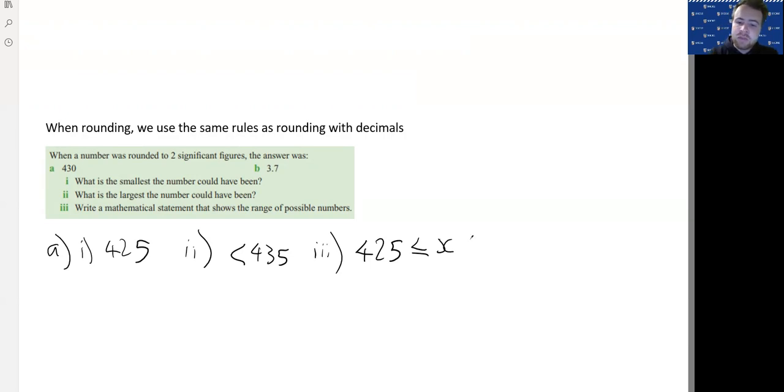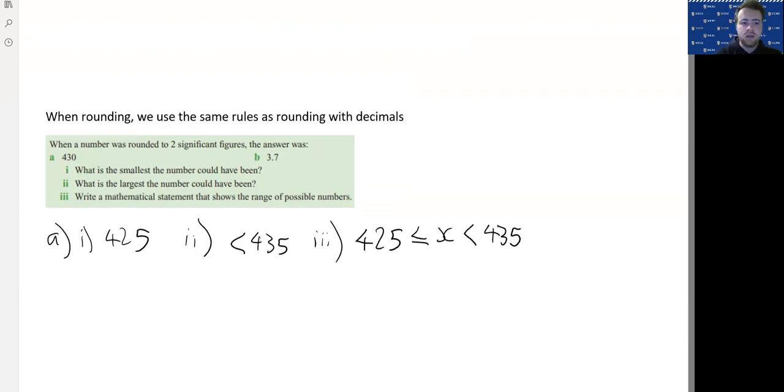But then that number has to be strictly less than 435, so it can't equal 435. So you've got this asymmetry: on the lower end it's greater than or equal to, and on the other end it's strictly less than. That's a mathematical statement that shows the possible range of values that our number x could be if it was rounded to 430.